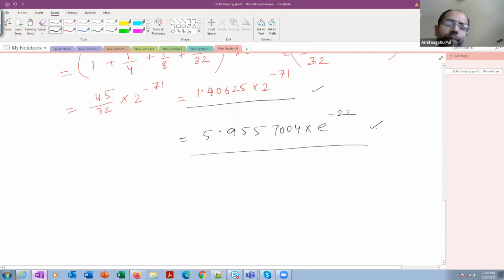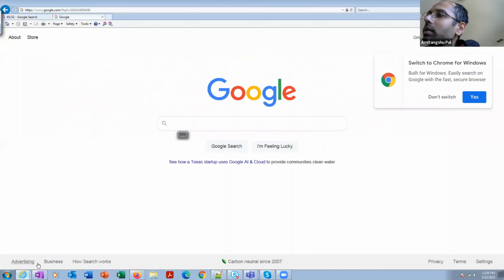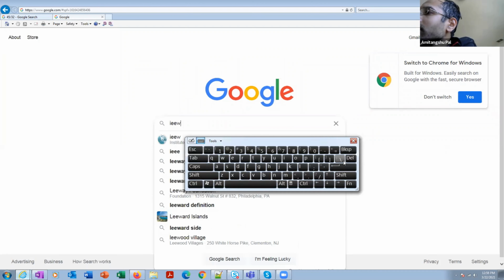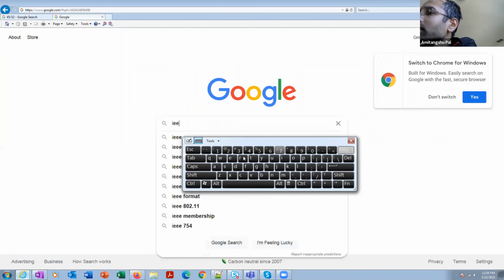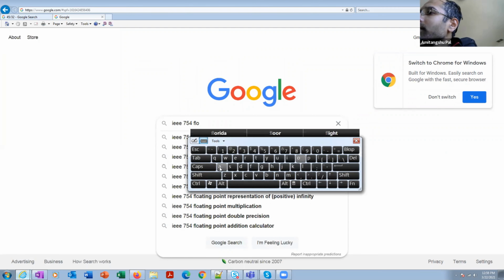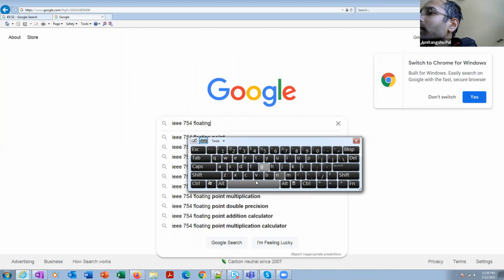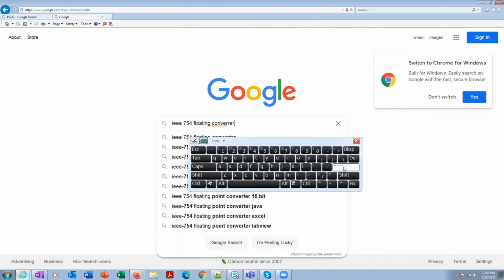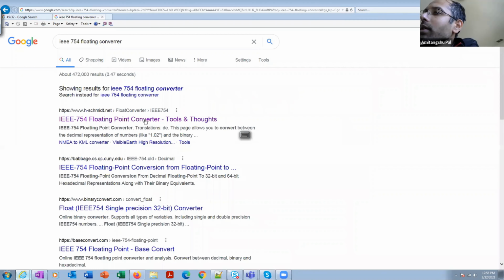Okay, so let's check whether this is correct or not by using an online floating point converter, whether my calculation is correct or not. So let me just open Google and type IEEE 754 floating point converter.